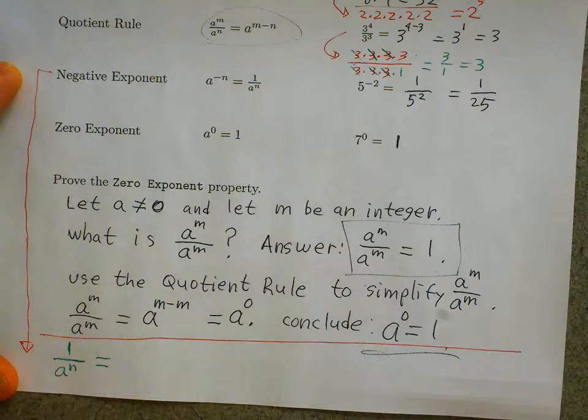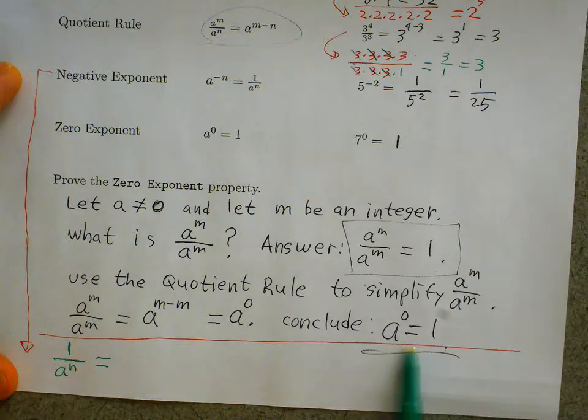is equal to, let's see, what's another way I can express the number 1 in the numerator? I'm thinking of what we just did in the previous example. I can replace 1 with a to the 0, right?